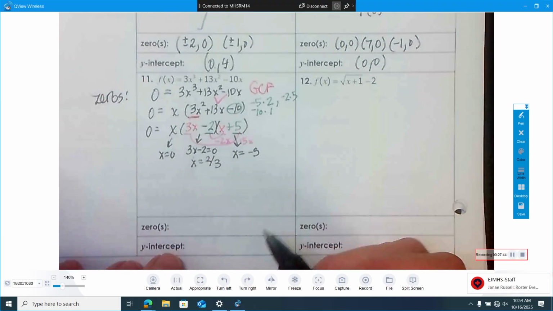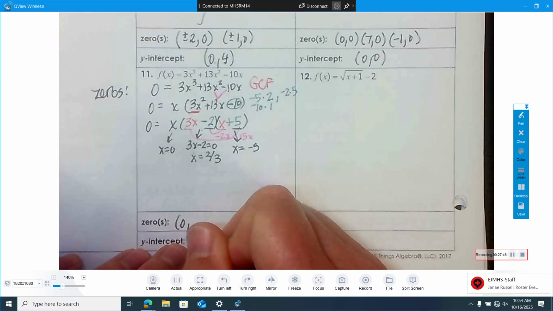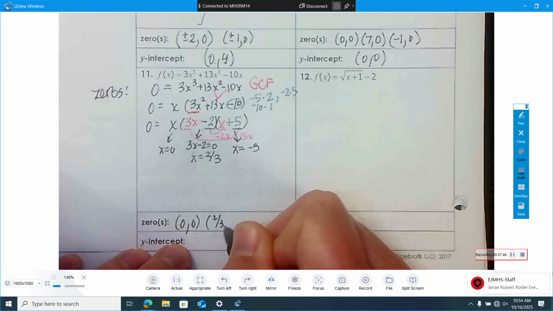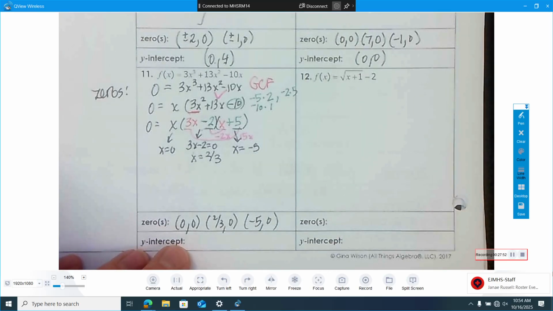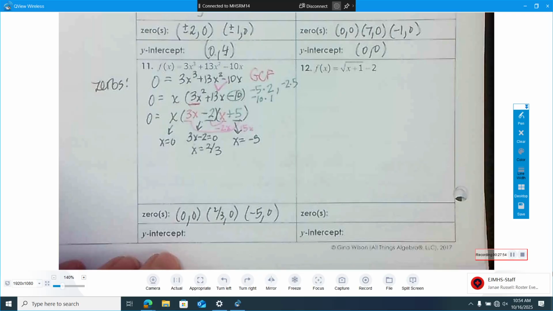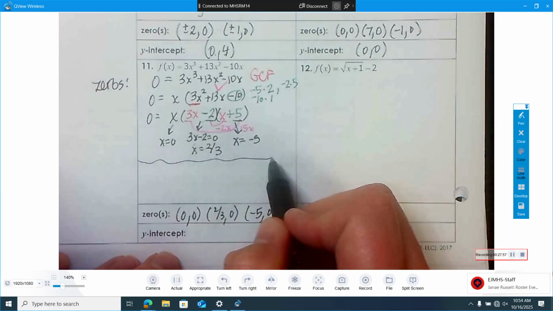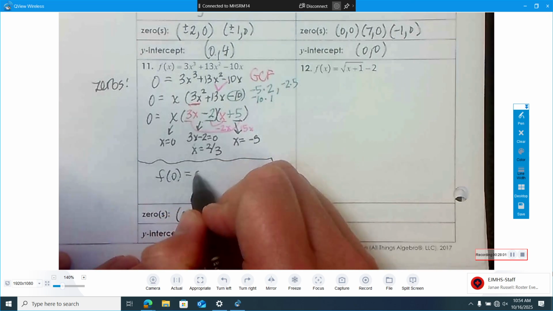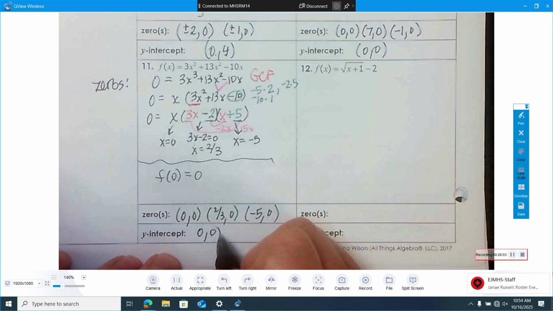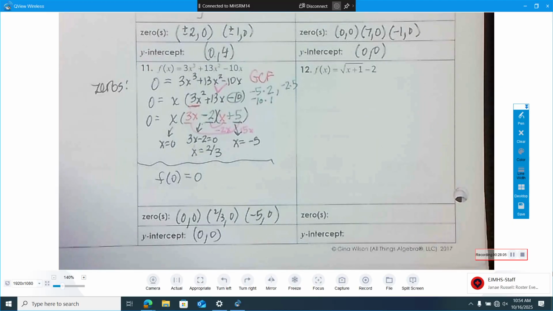So we get (0, 0), (2/3, 0), and (negative 5, 0). What's the y-intercept? (0, 0). Again, if you plug in a 0 for x, you're going to get 0 for y as well.